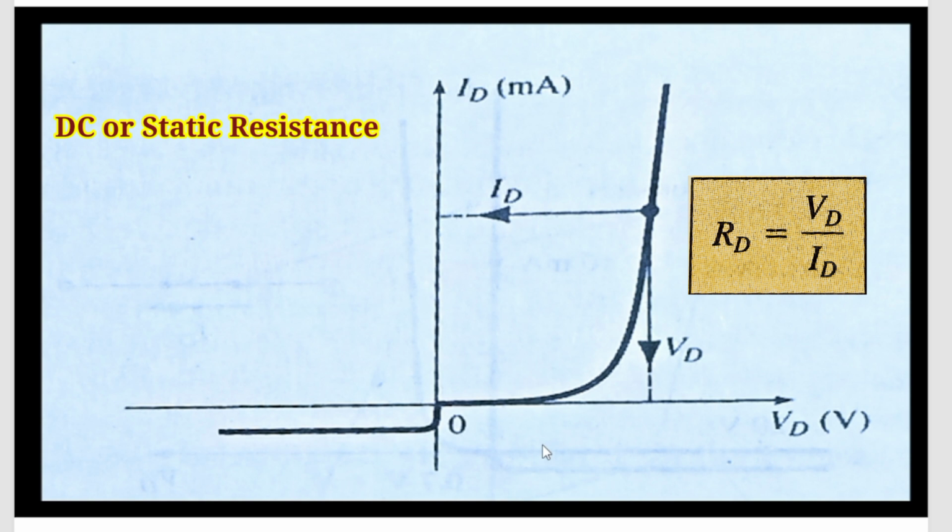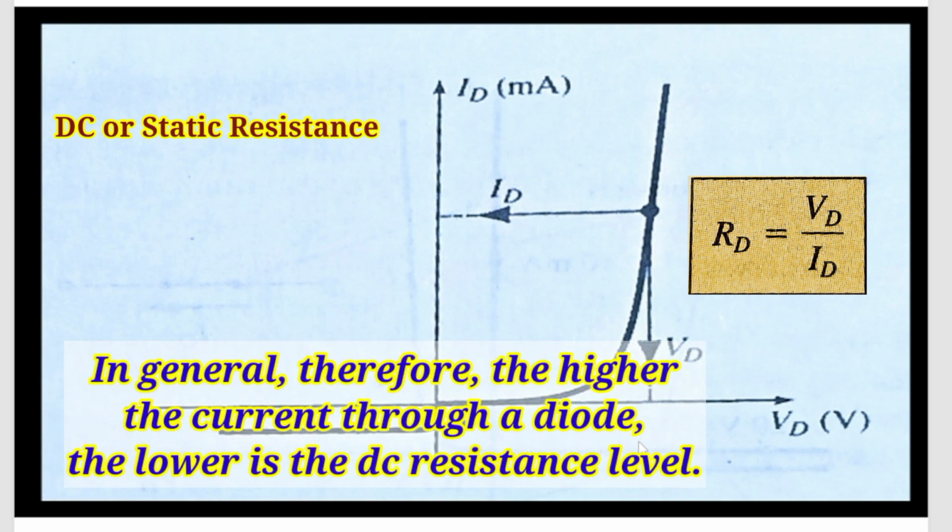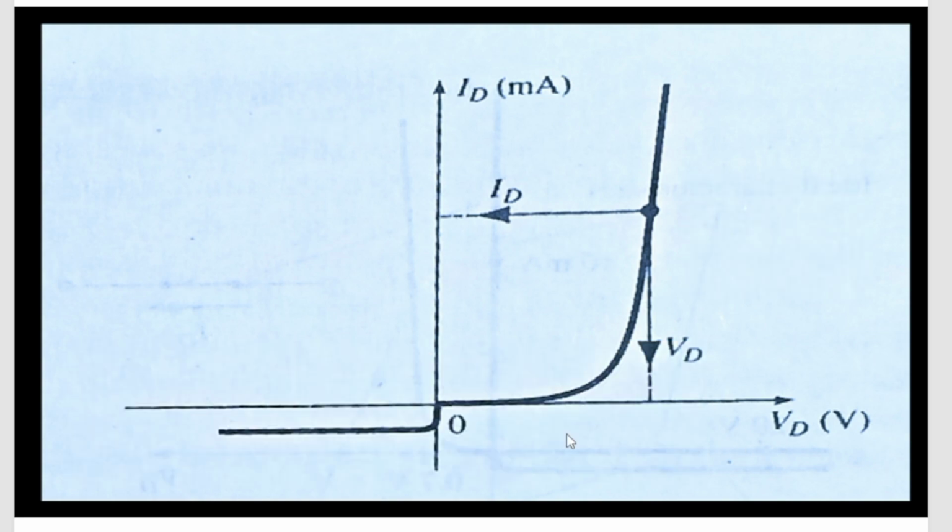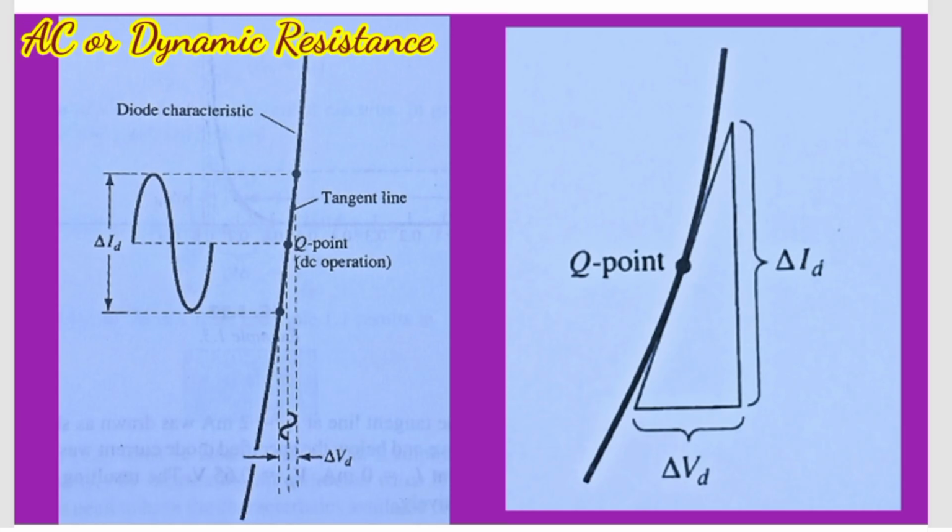Since ohmmeters typically employ a relatively constant current source, the resistance determined will be at a preset current level, typically a few milliamperes. In general, therefore, the higher the current through a diode, the lower is the DC resistance level. Next is AC or dynamic resistance.